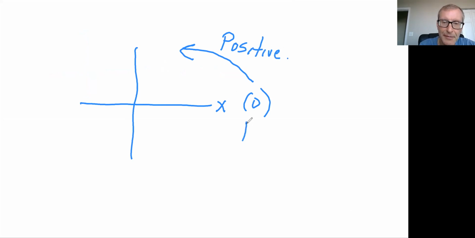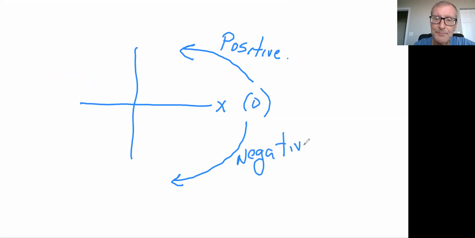And if we head this way, which is in the clockwise direction, that would be the negative angle. Again, this is just to set up the definition so we can define all these functions, and they're all defined by this idea of a measurement of an angle.